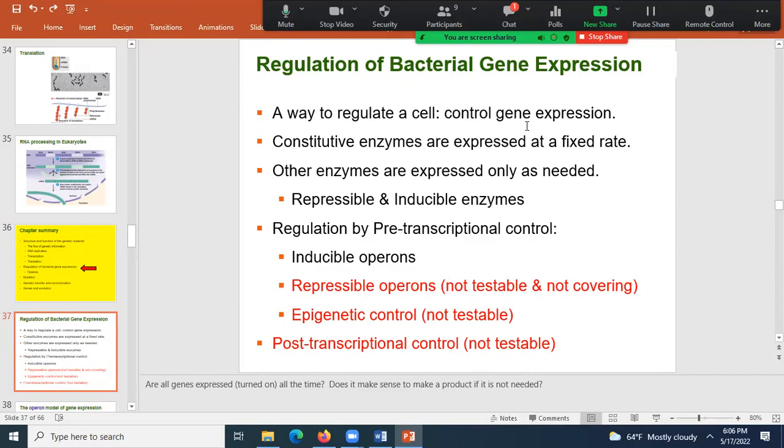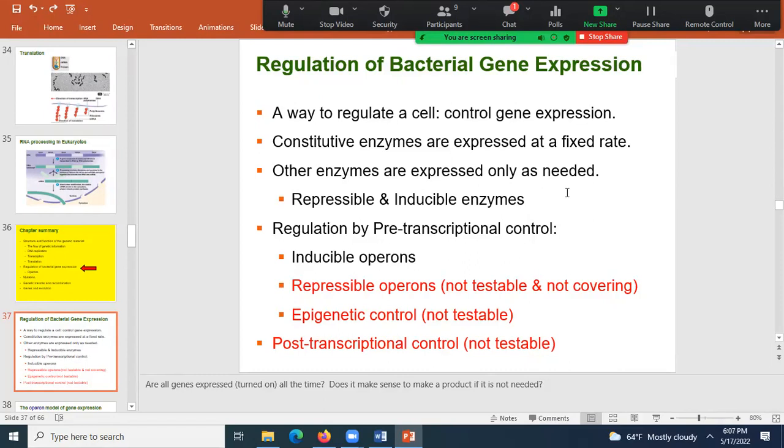There are other genes which are always expressed at a fixed rate, such as a constitutive enzyme or a constitutive gene. So these genes are always turned on, and they're always expressed at a fixed rate. But other enzymes are not always made, and they're made only as they are needed.